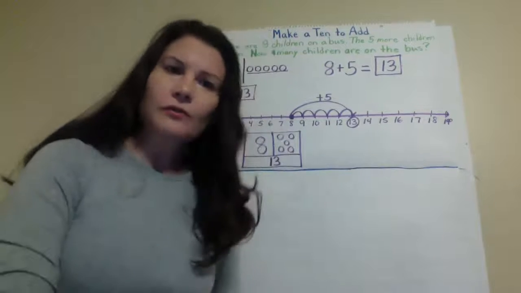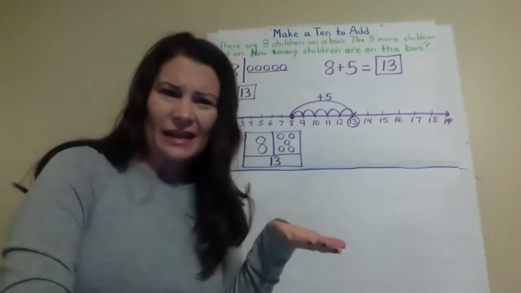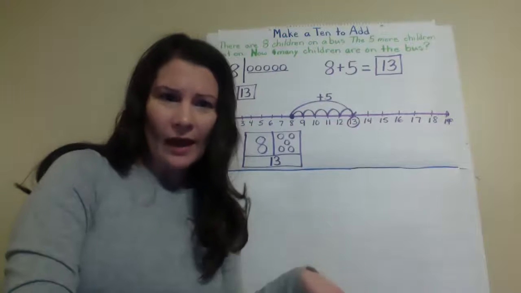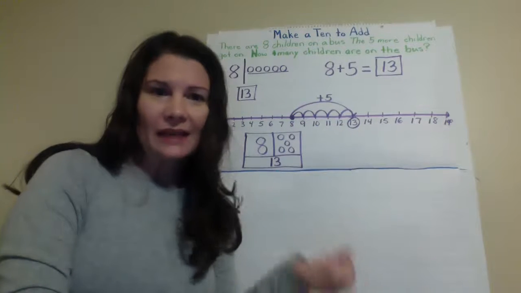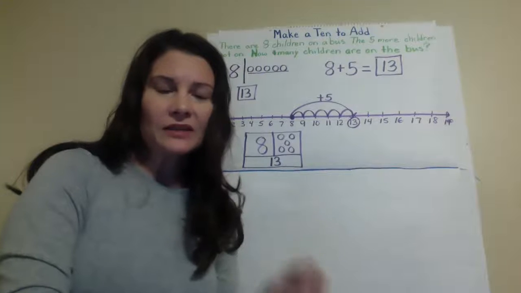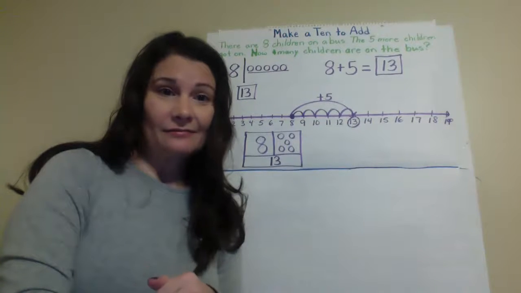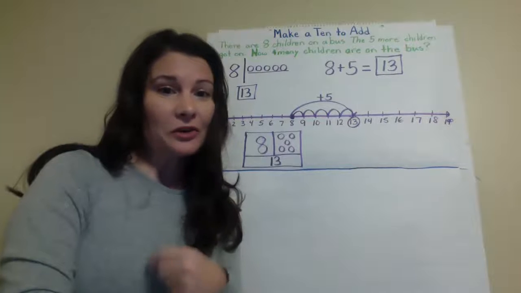So let's review for a moment. What makes 10? What are some ways that we can make 10? Go ahead and write down as many ways as you can to equal 10. Hit pause, and when you're ready, hit play.